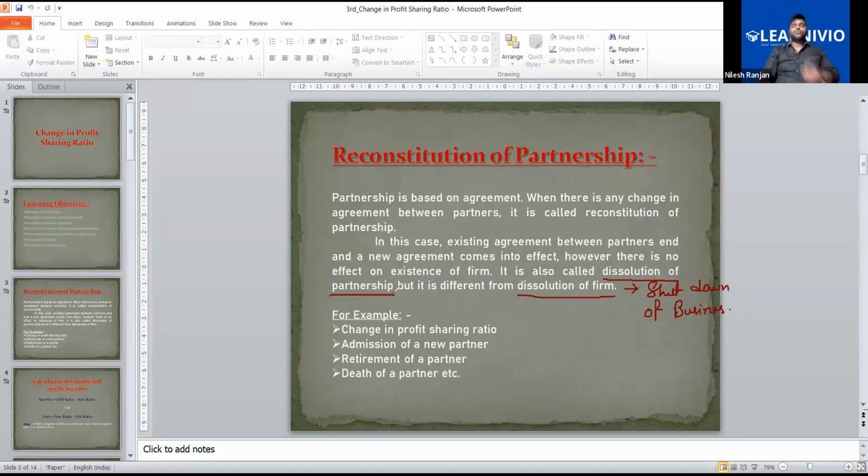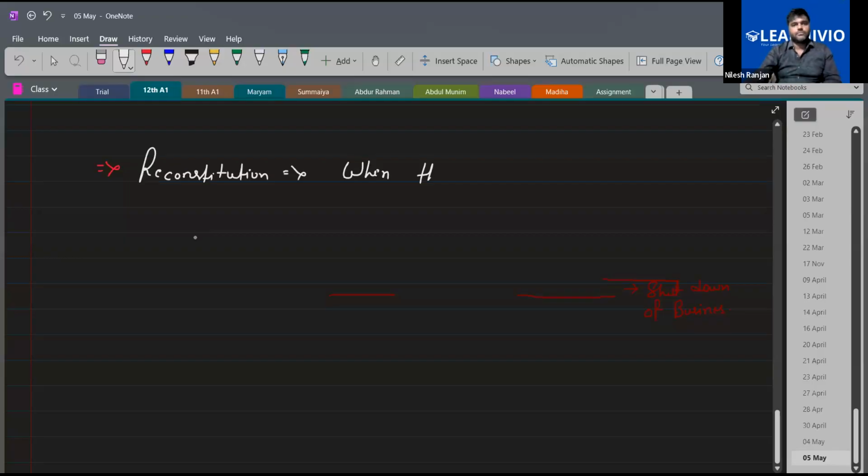So reconstitution of partnership means that you are changing a relationship. The actual relation between partners is based on their profit sharing ratio. And if the profit sharing ratio of the firm is changing, then it is called change in the relationship between partners.